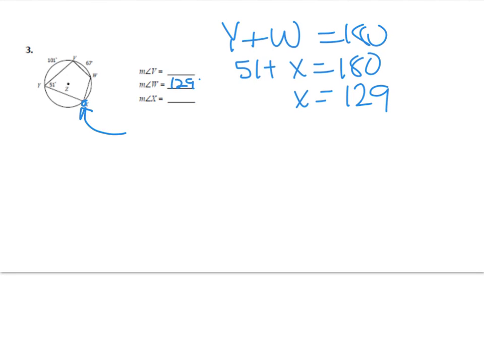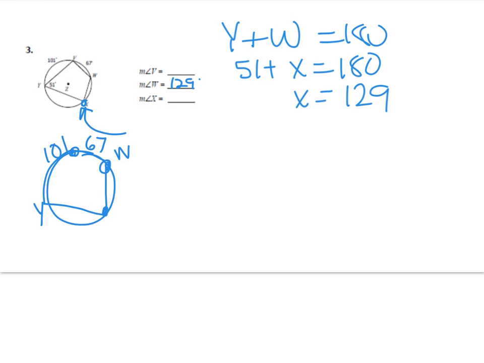X is inscribed. It's across from V, but we don't know anything about either. So we're going to retrace the circle. Here is X. It goes out here to W, and it goes out here to Y. We know that this arc is made up of 67 and 101.